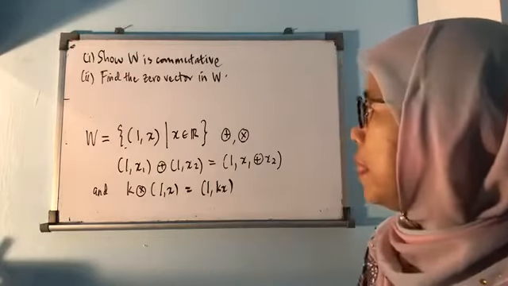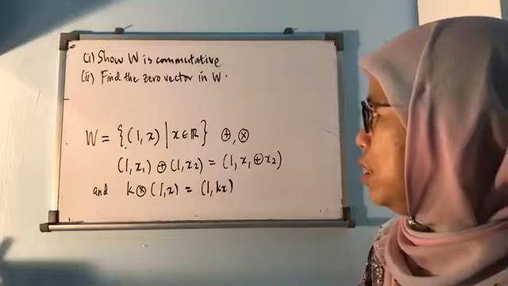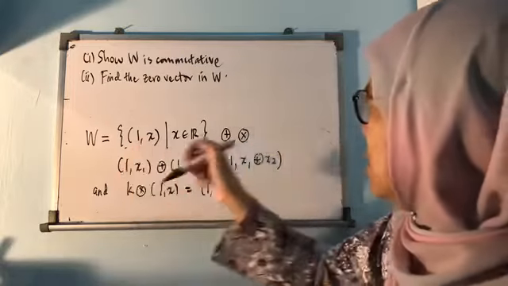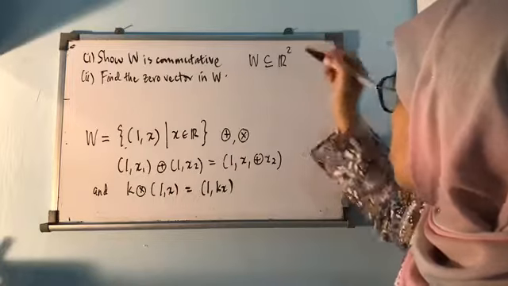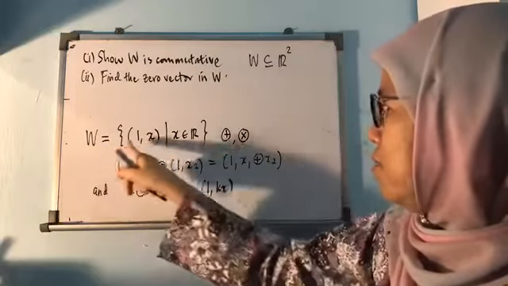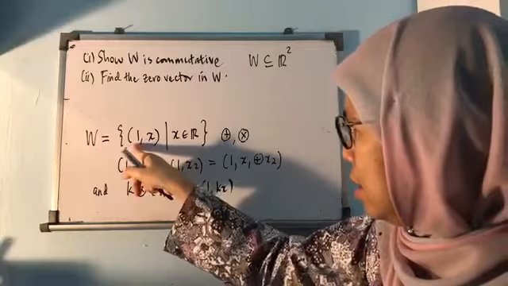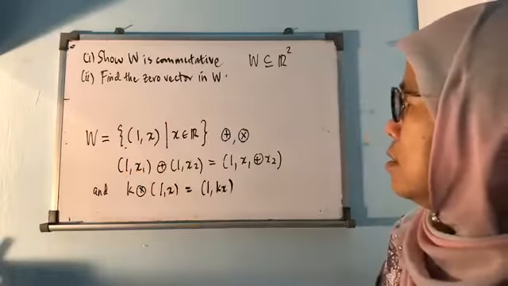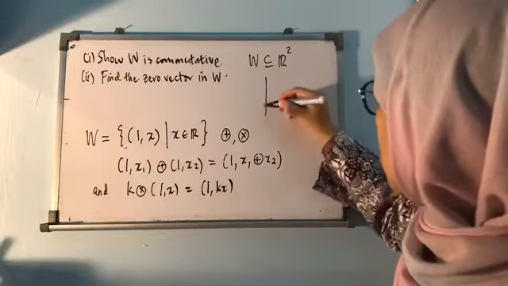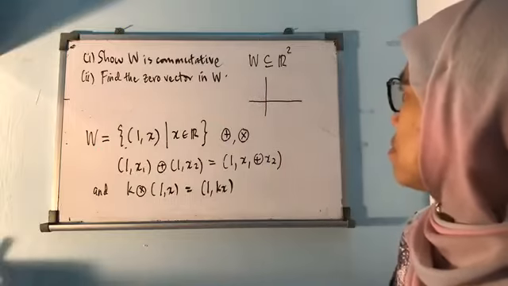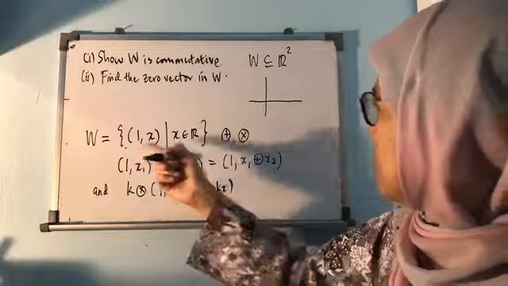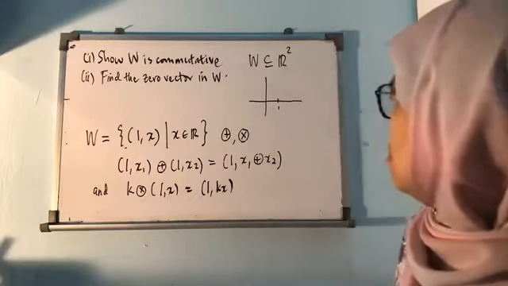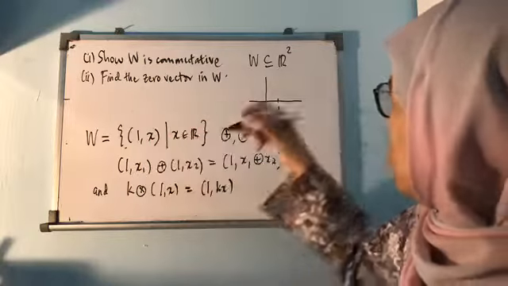This is something different in which all members are actually just a subset of R2. W is a subset of R2 because this is a number 1 and also x. When you draw all the points, the x-coordinate is always 1, but y is all the real numbers.